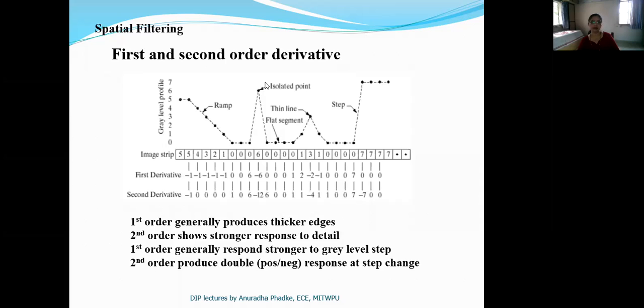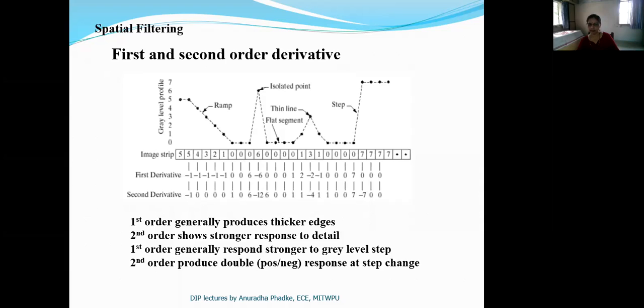Okay, so these sharpening filters are equivalent to high pass filters. High pass filters give response to higher frequencies, and they attenuate low frequencies.